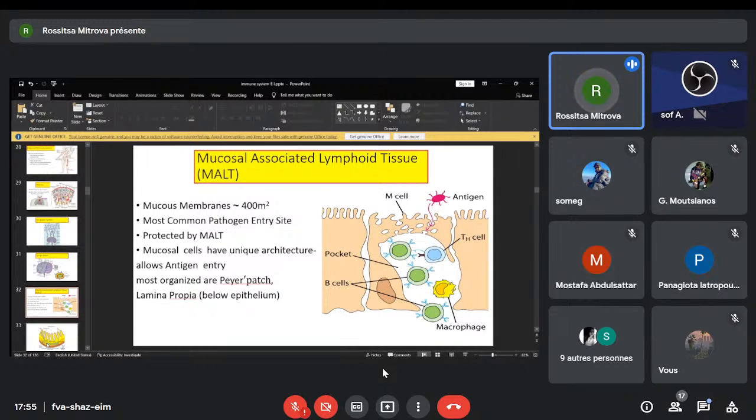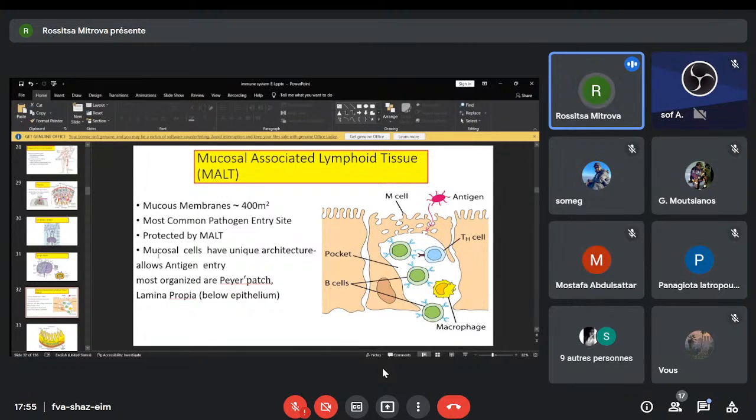Here you have the mucosal associated lymphoid tissue. The mucous membranes in our organism cover a huge area, and this is the most common pathogen entry site. So it has to be protected, and this is done by mucosal associated lymphoid tissue.